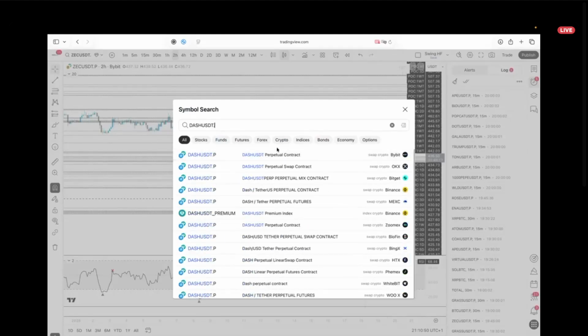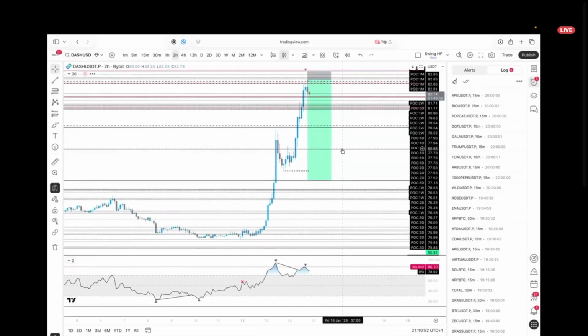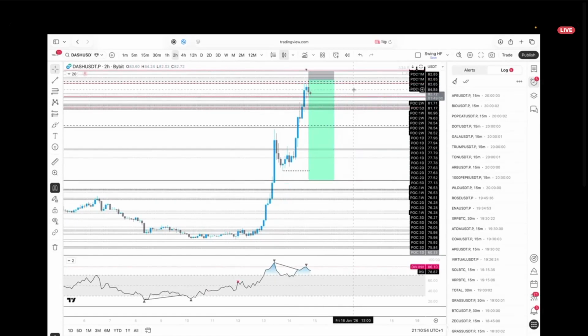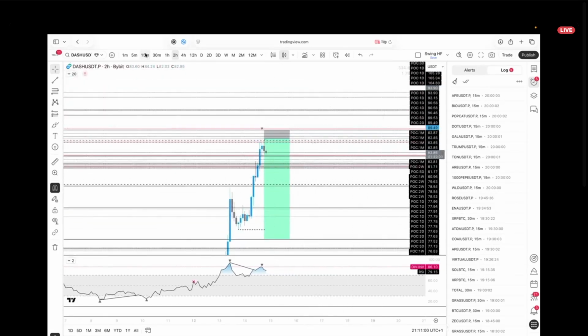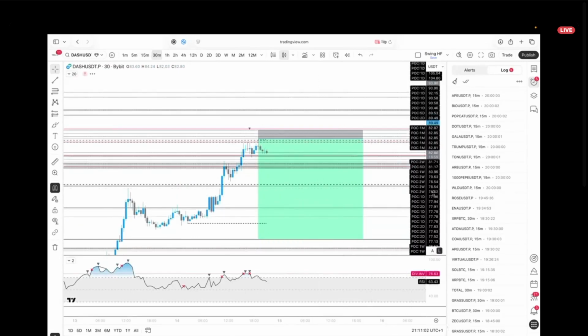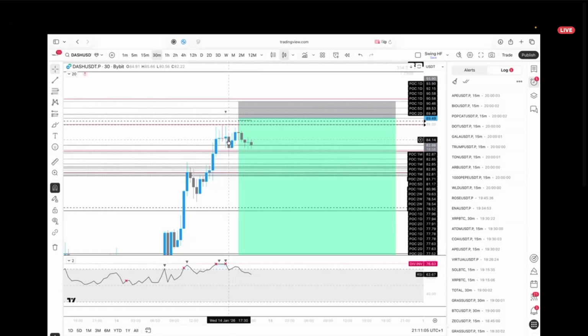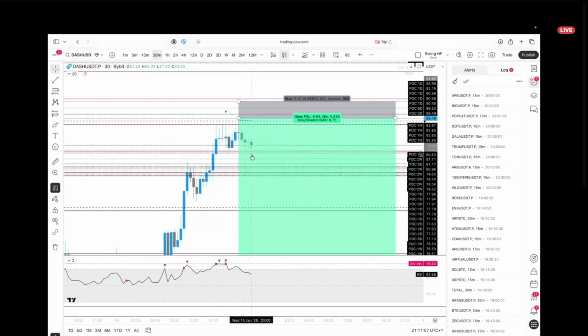And the one that I want to short at the moment is Dash. Dash, guys, had a great run, to be honest, as you can see. I have a couple of alerts here because we have a peak. Here it's forming a great divergence.